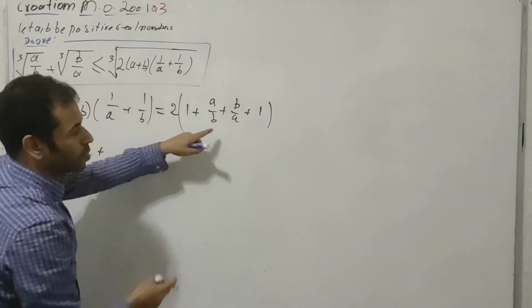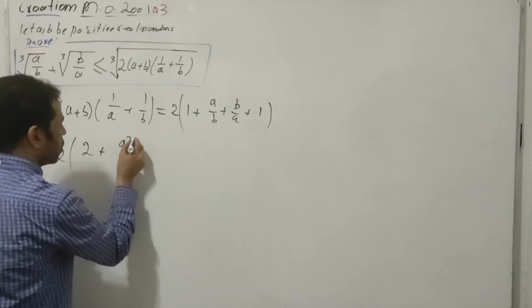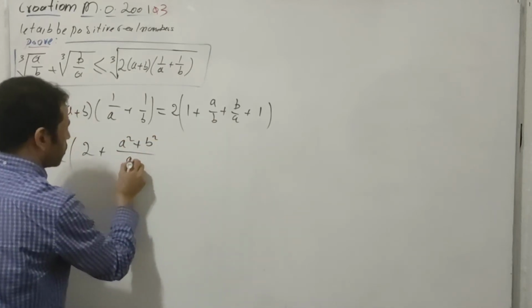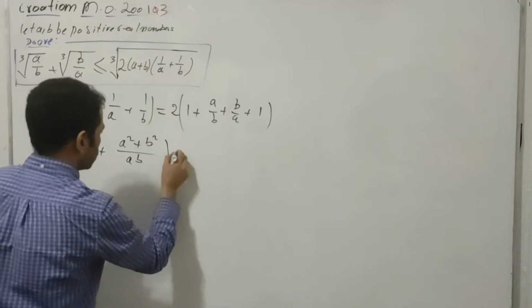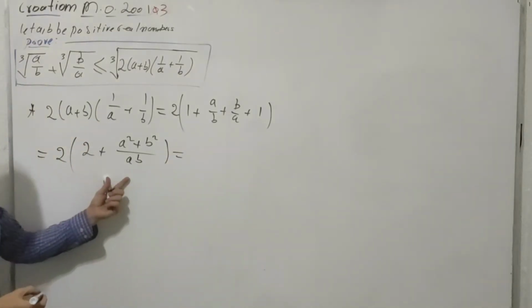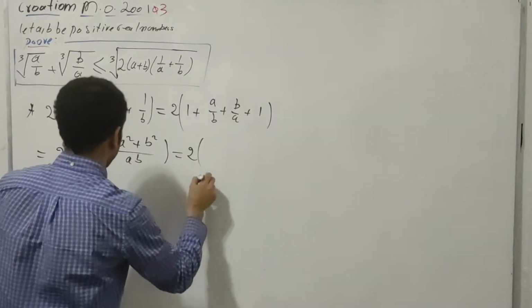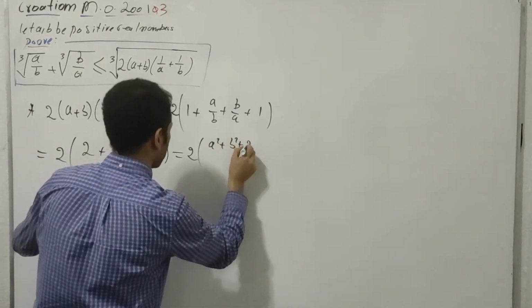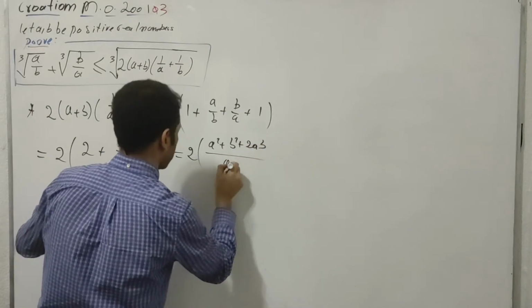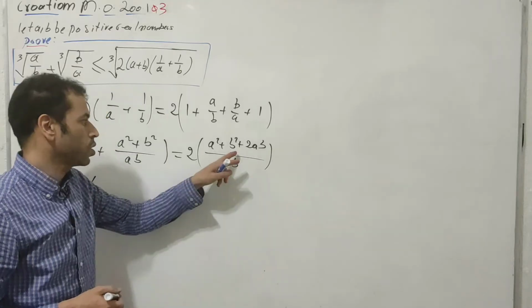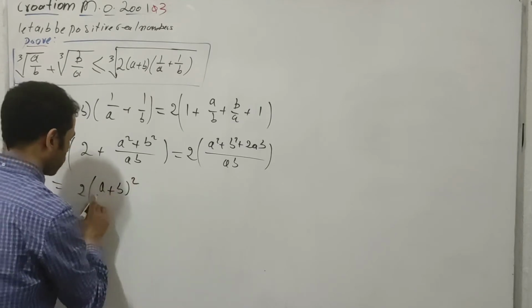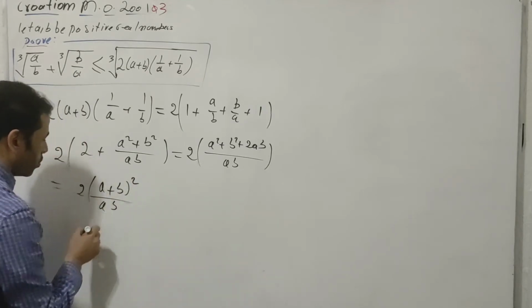Multiplying side by side, I will get a squared plus b squared over the product ab. By simplifying this one more, I will get (a squared plus b squared plus 2ab) divided by ab. This can be written in the form (a plus b) quantity squared over ab.